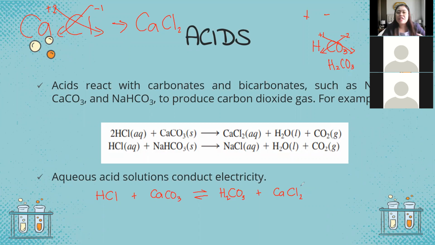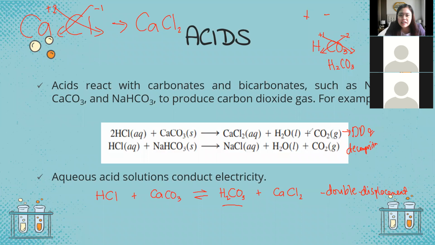This is the original reaction. Supposedly, it's a double displacement reaction. But we call this carbonic acid, madali kasing ma-decompose si carbonic acid class. So ngayon, itong reaction na ito is a combination of the double displacement and the decomposition reaction.